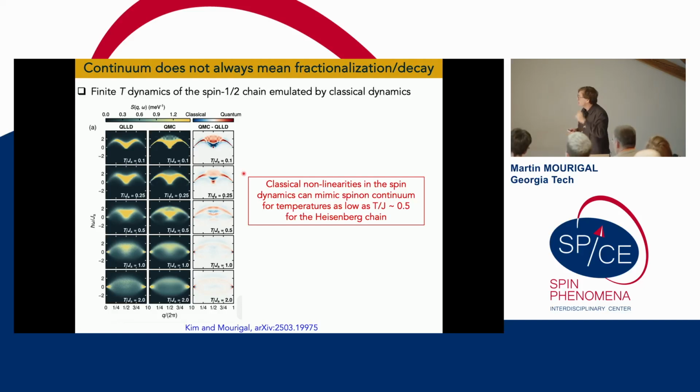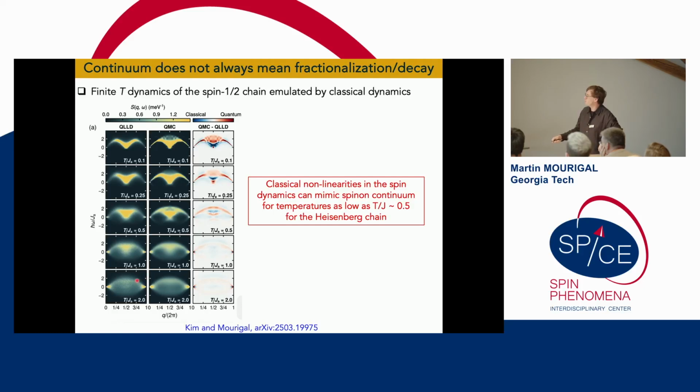And perhaps the latest thing we've done with this Landau-Lifshitz dynamics, which you should never do, is we try to model the spin 1/2 chain at finite temperature with Landau-Lifshitz dynamics, with classical dynamics. And to our surprise, here's an example of these classical simulations, corrected in some very simple ways.